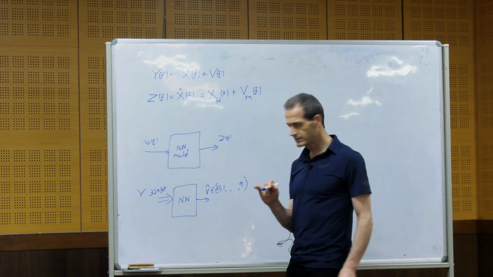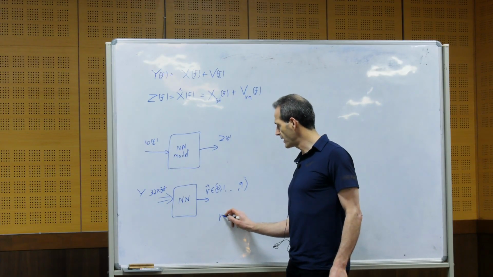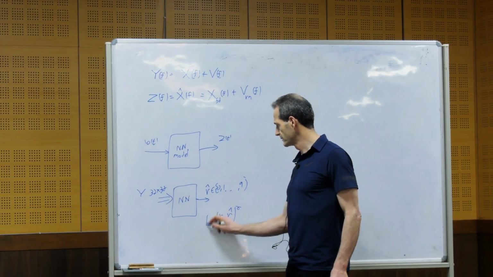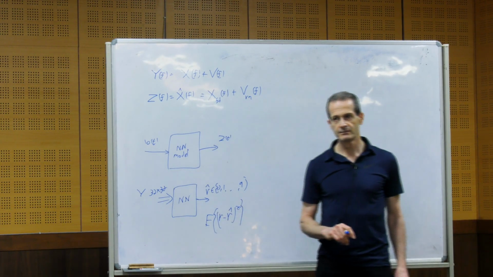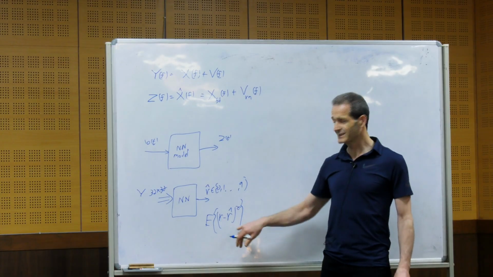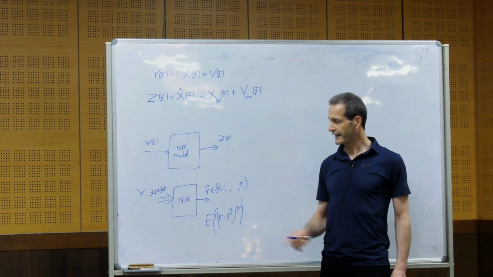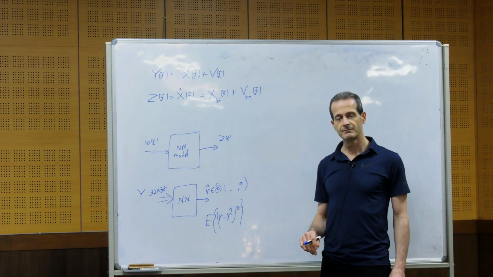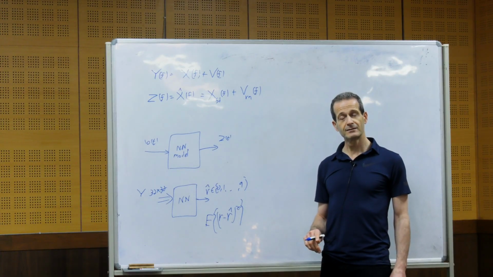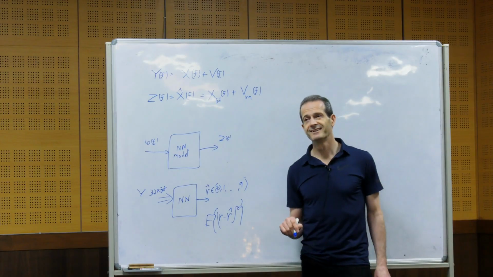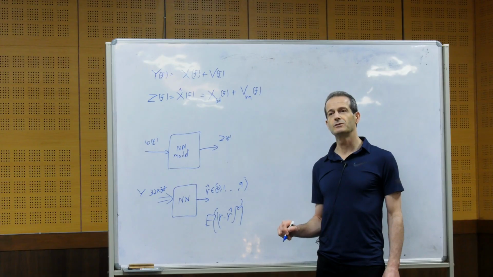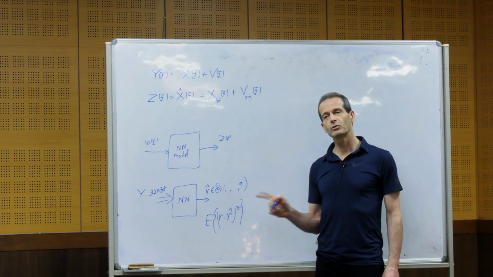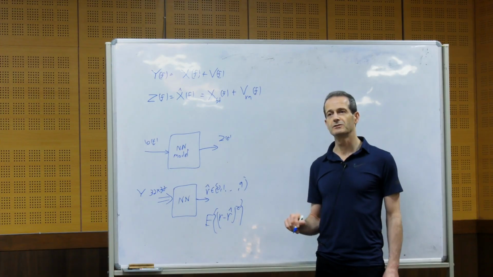So you suggest we take R minus R hat squared like this. This will be the performance measure. It makes sense, right? Because this is classification error, average classification error. But this doesn't work. Actually, we want to minimize this, but this is not good. And my question is, why is this not good?